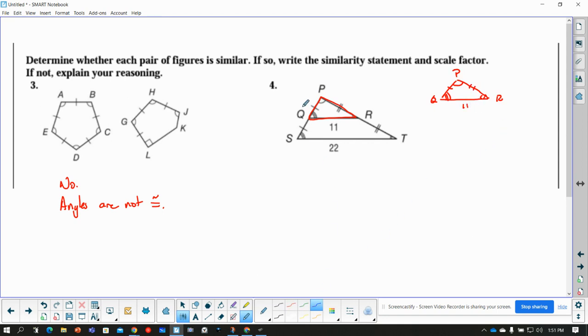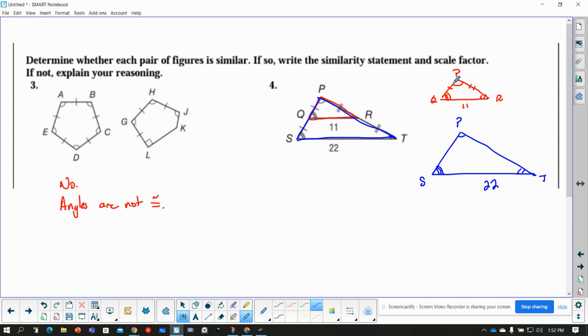Okay, and I'm going to use blue to do this bigger triangle. Now I have this 22. I have S and I have T. P is up here. I've got three arcs there, two arcs there, and one arc there. I'm going to come to these little lines, what they mean, in just a second.